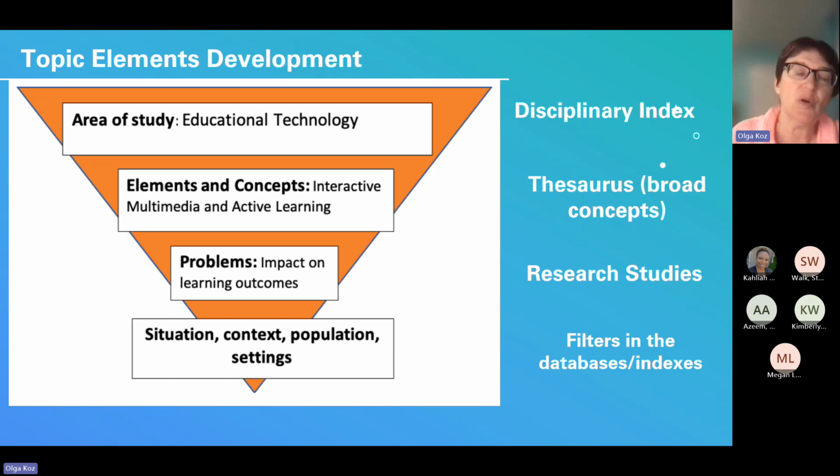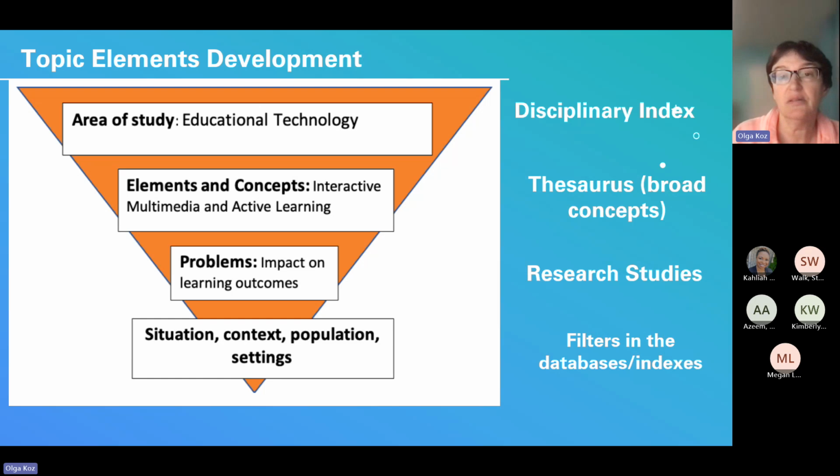And then we start thinking, okay, but where is it happening? Middle grades classroom? Are we talking about what subject area specifically? Is it STEM or any other subject area? And what population are we talking about? Middle school, high school graders.